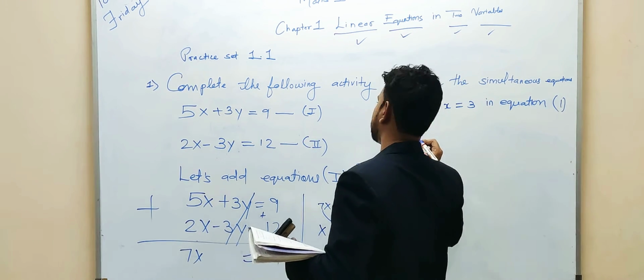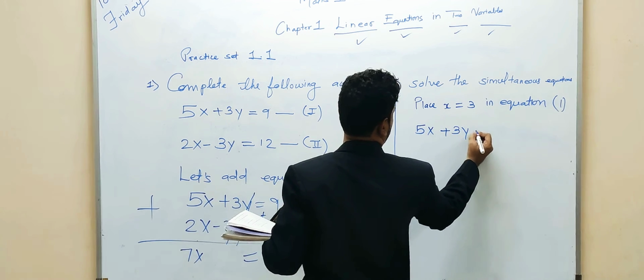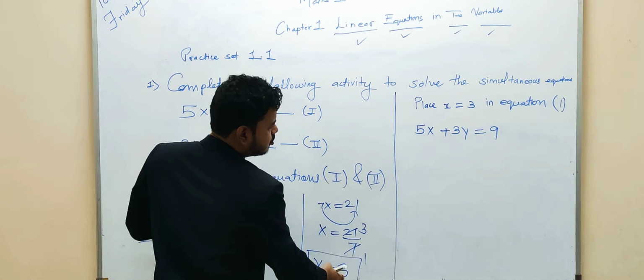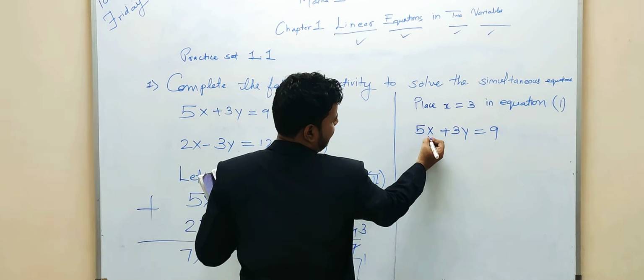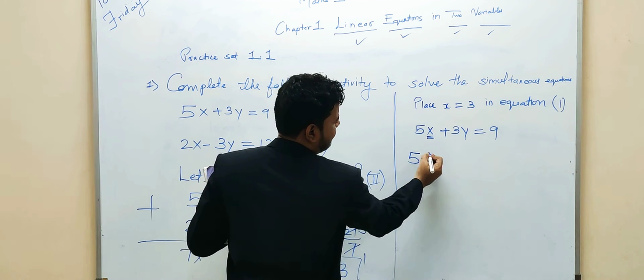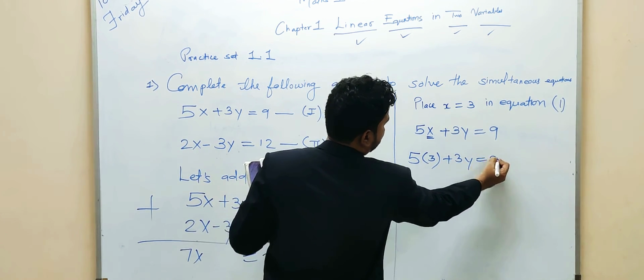So let us write down equation 1, that is 5x plus 3y is equal to 9. In place of x, we put the value, so 5 into bracket 3 plus 3y is equal to 9.